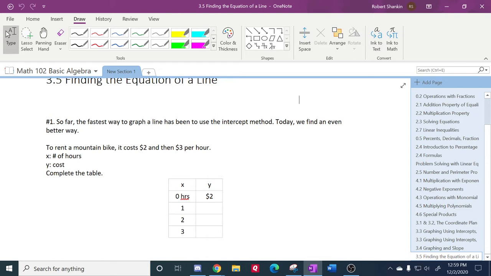Group 5, what do you have for this table? We have nothing yet. I have 1 hour, $5. Yes.